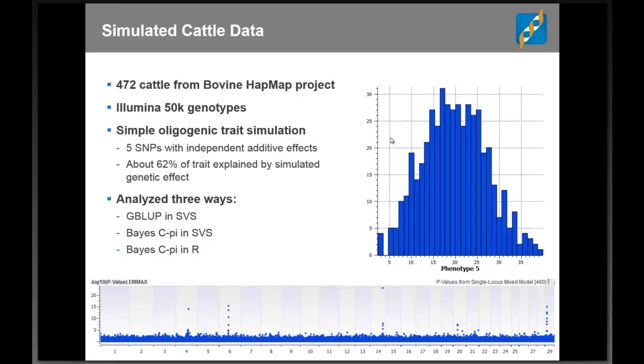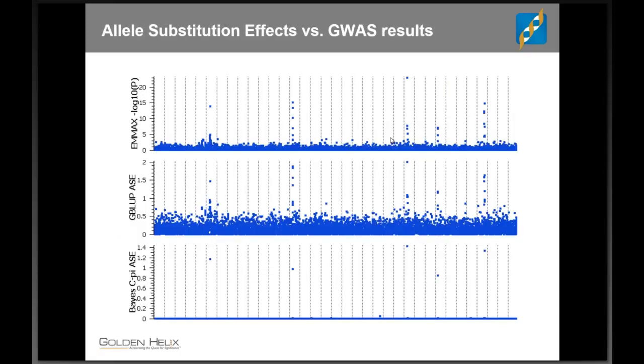Now, in these first few slides, what we'll have is an example using entirely within-sample predictions. We're using all of the 472 animals as the training set, and then calculating breeding values and allele effects for the entire set of data. So to begin with, let's just look at those allele substitution effects and how they compare.